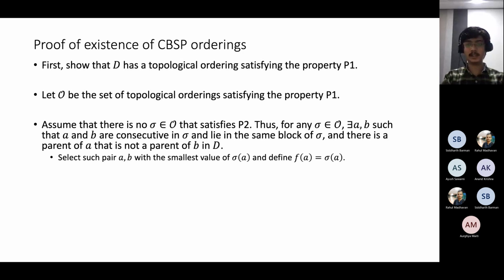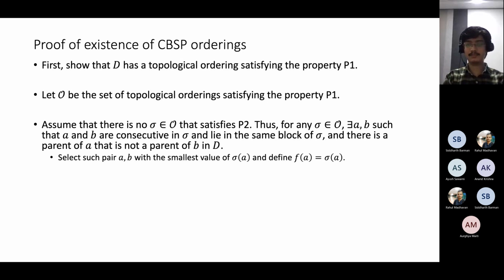Clearly, if sigma does not satisfy the shared parents property, then there must be an A and B that are consecutive as well as lie in the same block, and there is a parent of A that is not a parent of B. Among all such pairs of A and B, take the one with the smallest index in the topological ordering, the leftmost A, with the smallest value of sigma A. Sigma A is just the index of A in the topological ordering sigma.